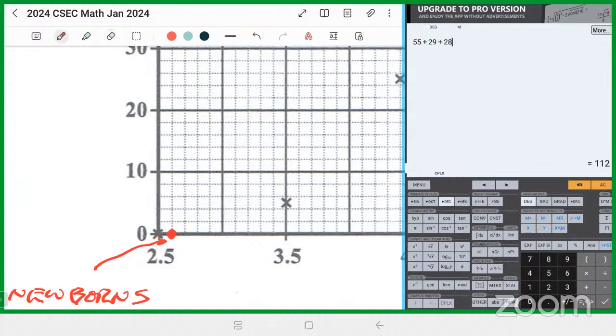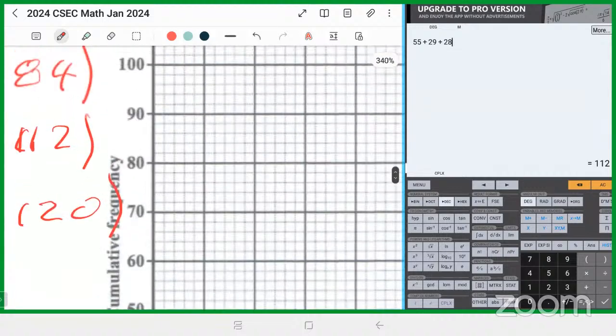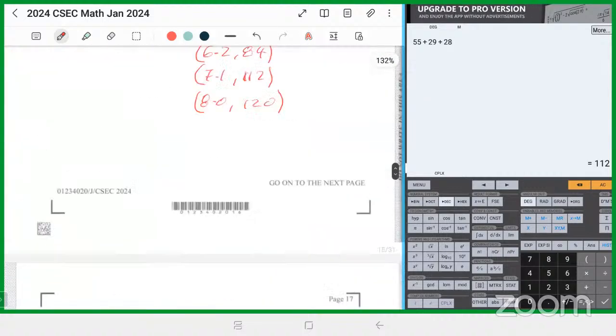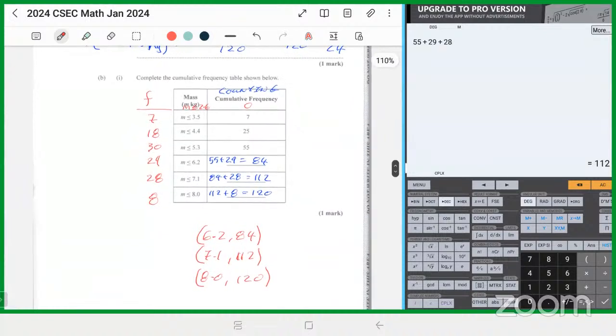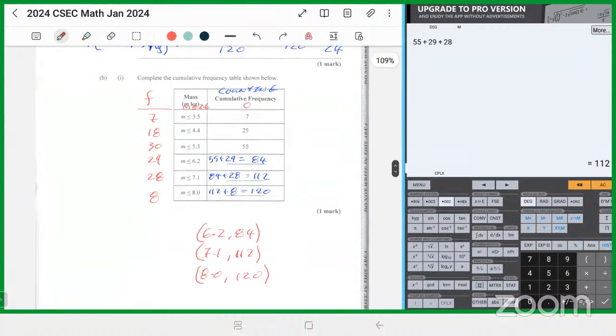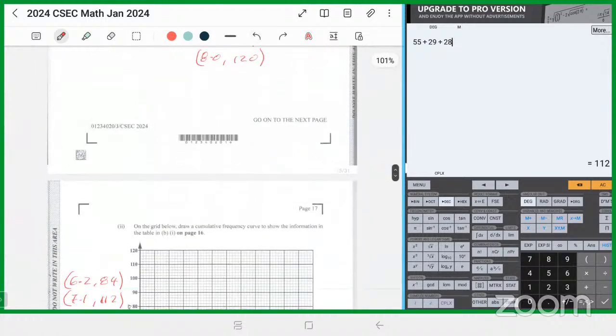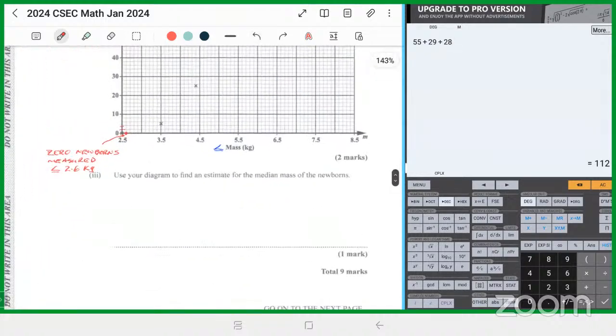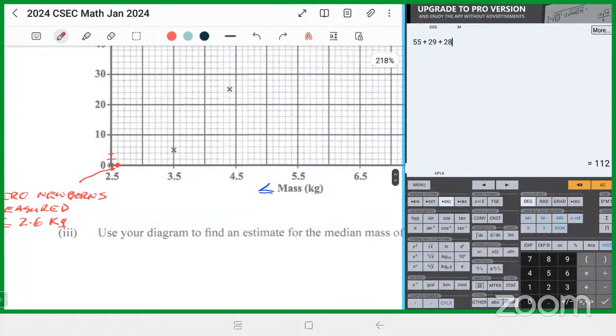And that's why the 3.5, this is a 7. But it should be 2.57. This point looks wrong, you know. That should be 7. I was at the wrong place. And yeah, this point is wrong.